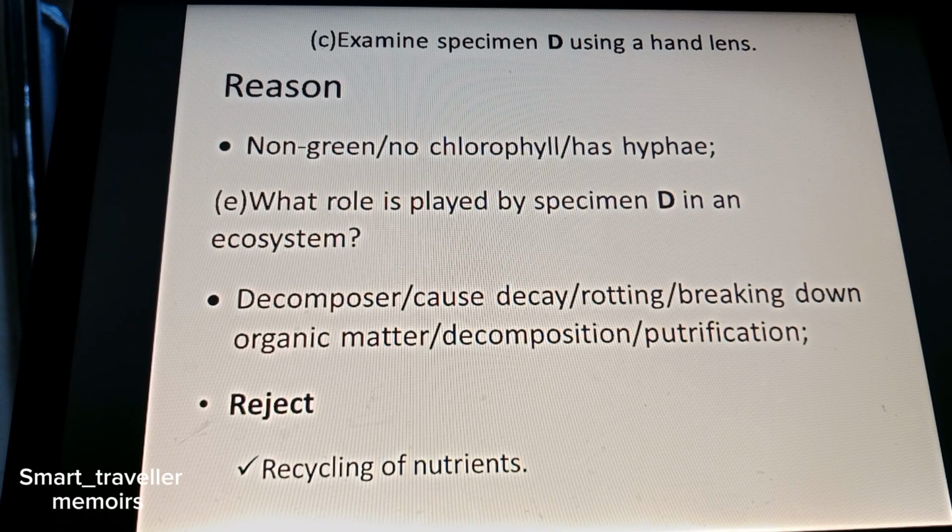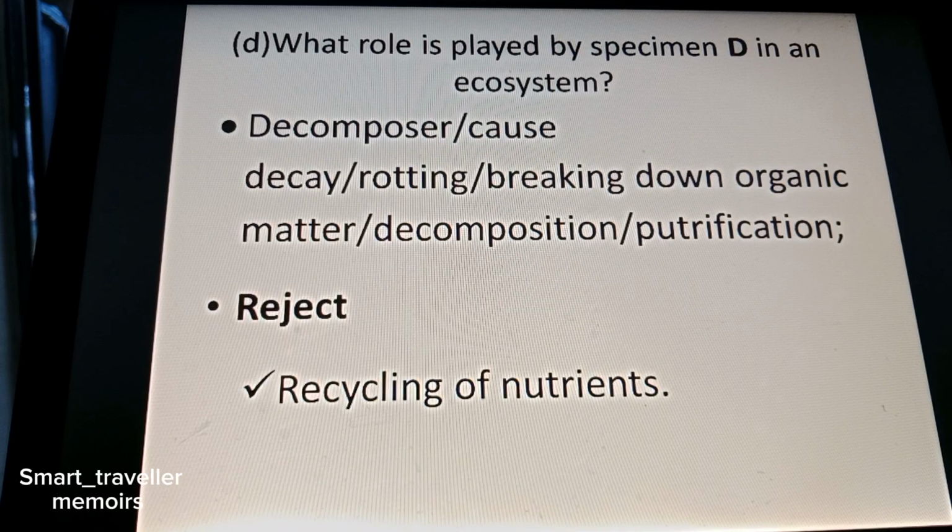You put a very big wrong. I think this one we have repeated the question. I beg your pardon. So it's more like re-emphasizing. Reject recycling of nutrients.